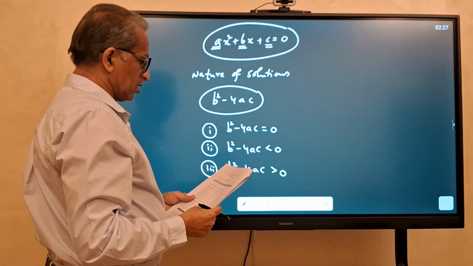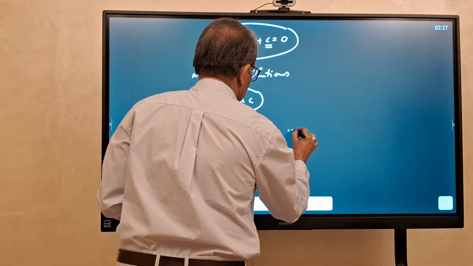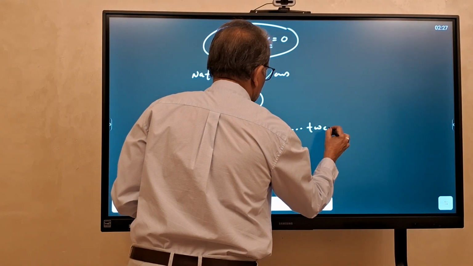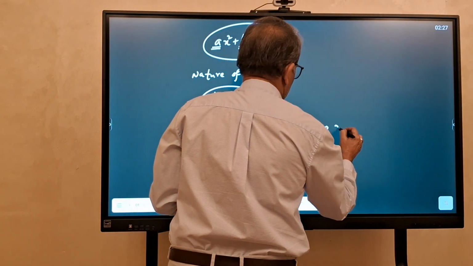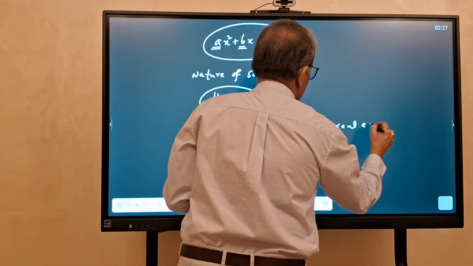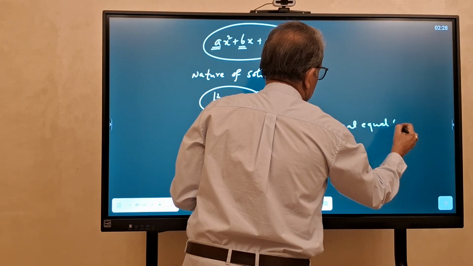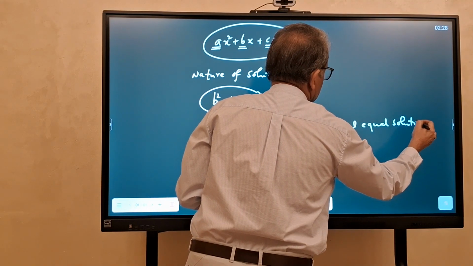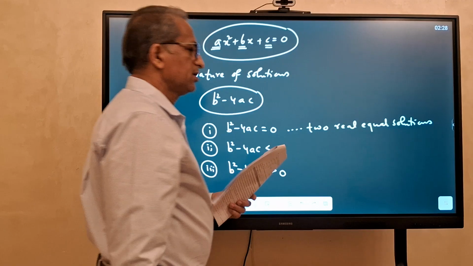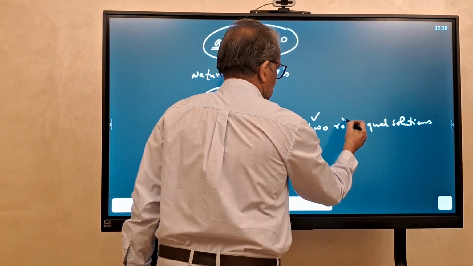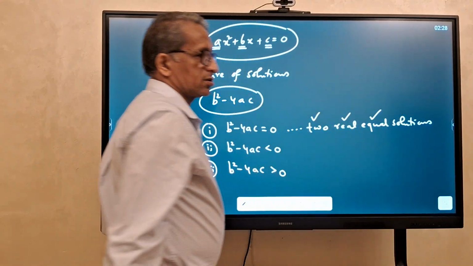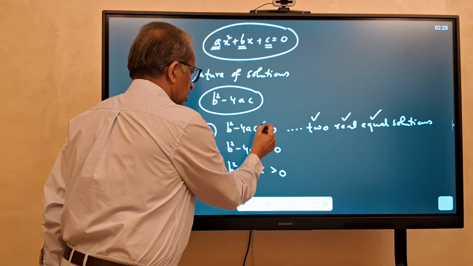If it is 0, then we have two real equal solutions. That means both the solutions are same. Two real equal solutions when it is equal to 0.